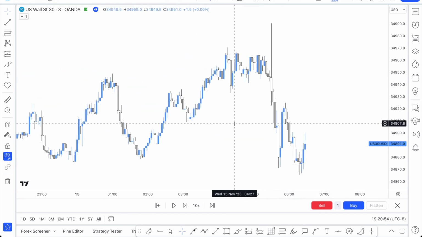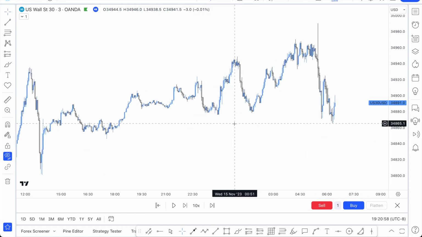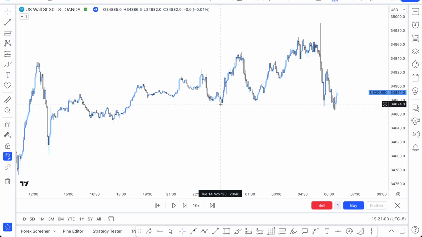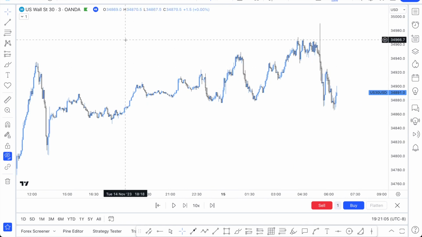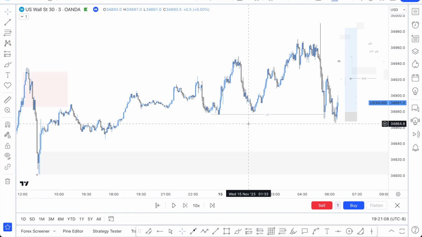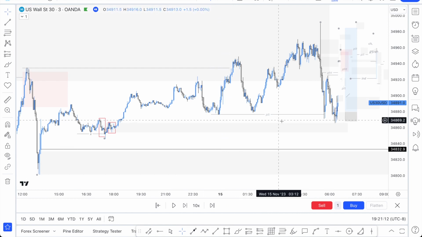So here, let me just zoom out right over here. What I like seeing now is, once I mark my swing low and my swing high, I like to know where my liquidity is. Let me just toggle my drawings on right here. You can see all this. Once I did this, I was able to find out where my liquidity was, which is the PLT right here.